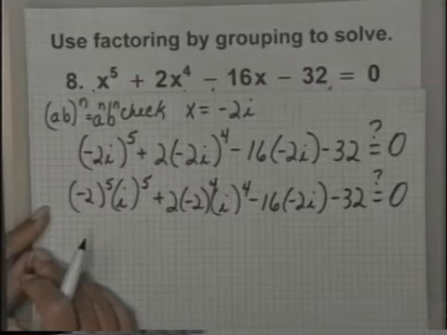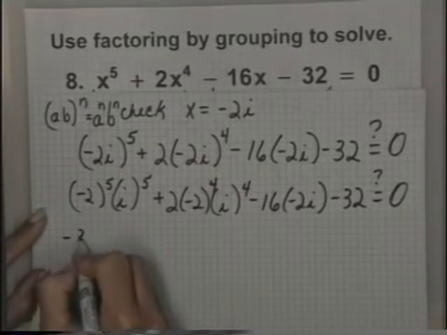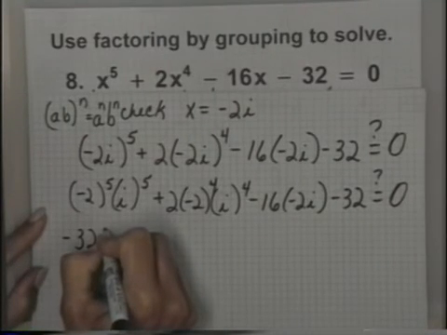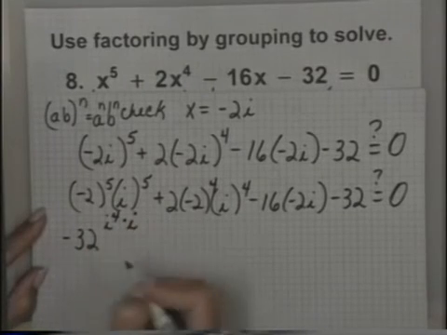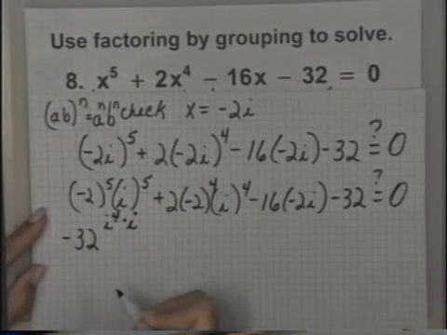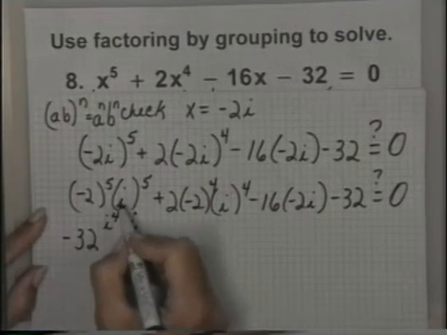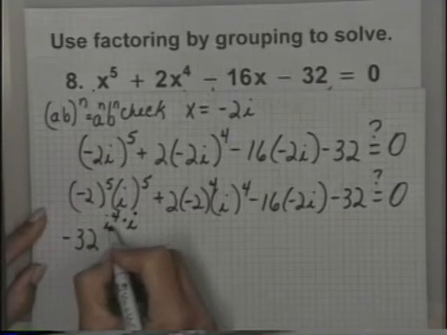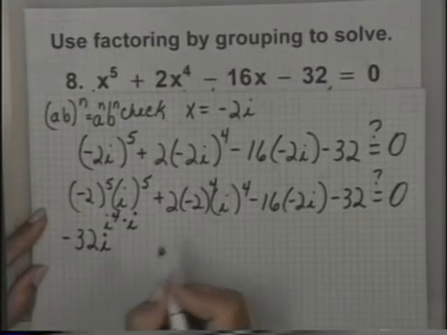raising our powers. Negative 2 to the fifth would be negative 32. i to the fifth is actually considered to be i to the fourth times i. What is i to the fourth? It's positive 1, isn't it? So i to the fifth would mean 1 times i, which of course is i.